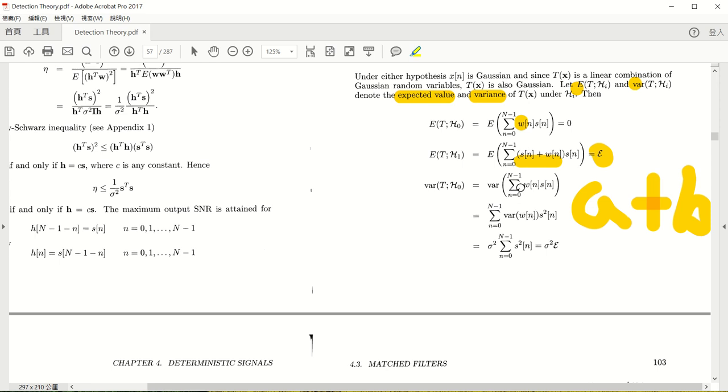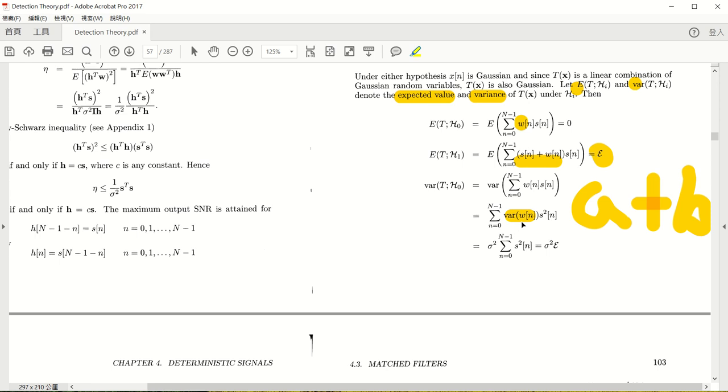So that summation goes out, S squared goes here, and then you have only the variance of W because this is the only random variable inside it. As a result, you have a summation and S squared with the index n. And then the variance of this is what?